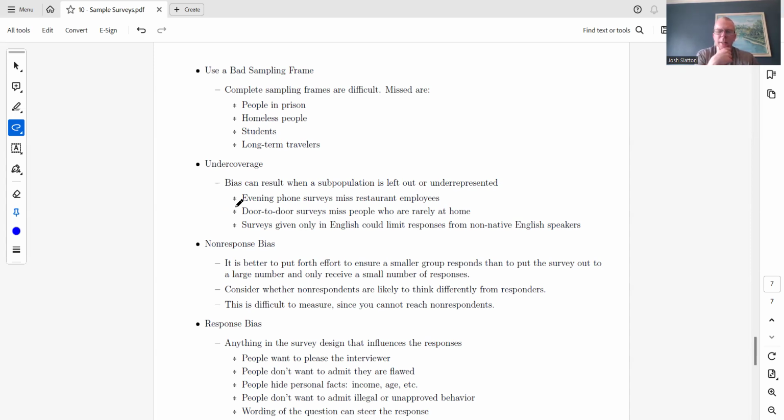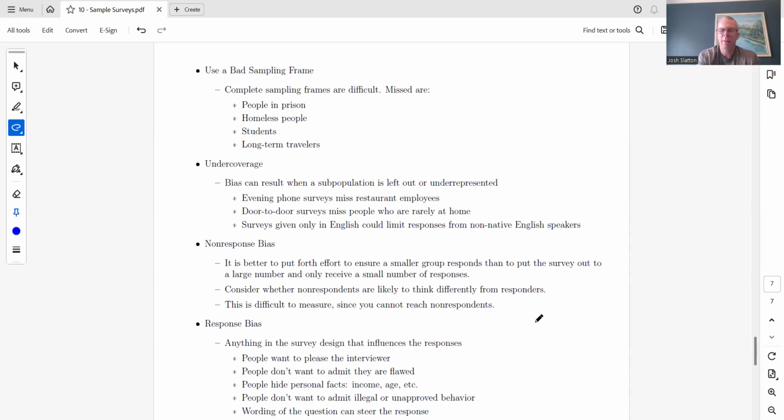Related to that is non-response bias. This is where a lot of people who could respond do not respond, and that goes with voluntary response also. Consider whether non-respondents are likely to think differently from responders. It's difficult to measure, since you cannot reach the non-respondents.